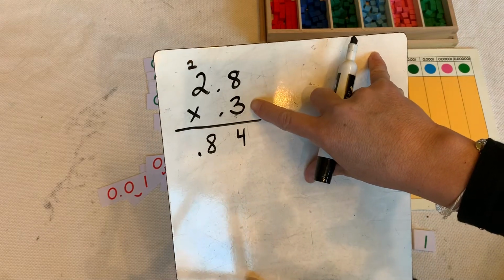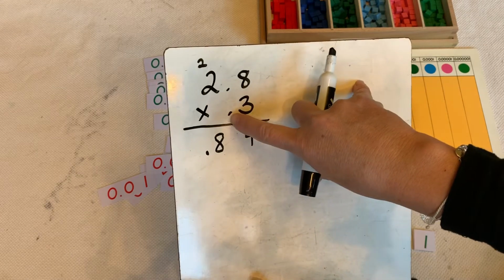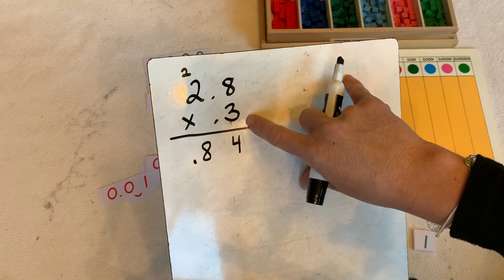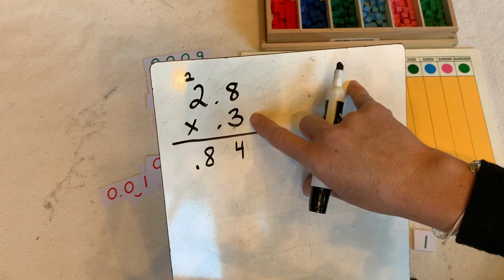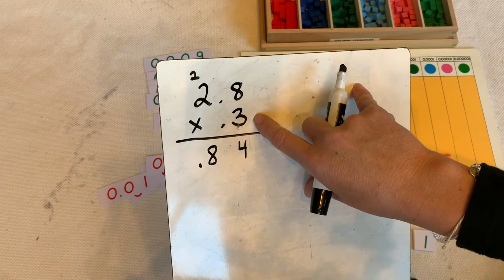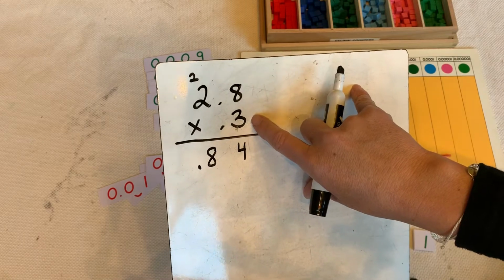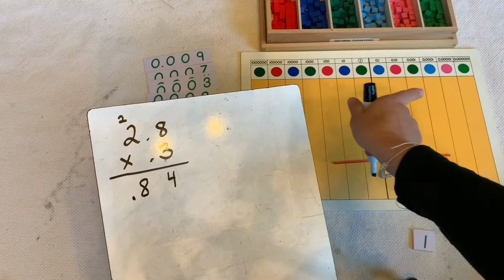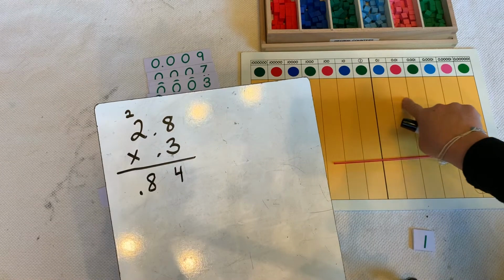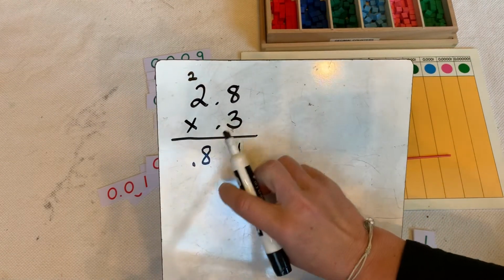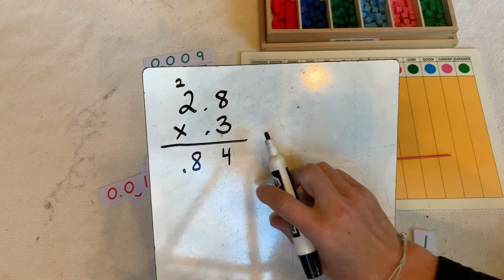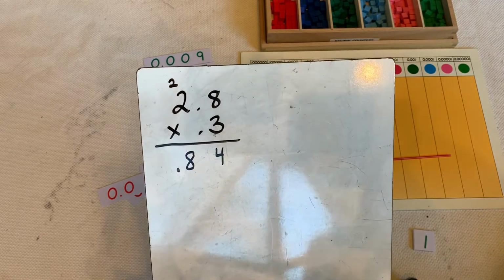You are dividing because this is 0.3 and not 3. 2.8 times 3 would be different than 2.8 times 0.3. But since it's 0.3, you're going this way. And remember, every time we go this way, we're dividing by 10, aren't we? 2.8 times 0.3 is 0.84.